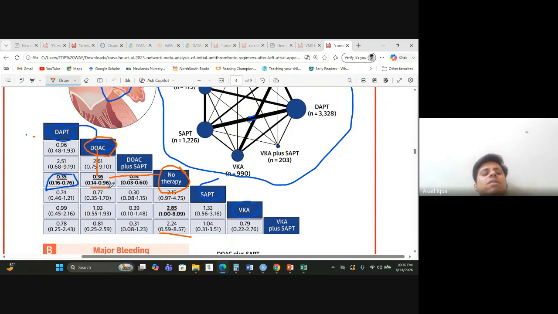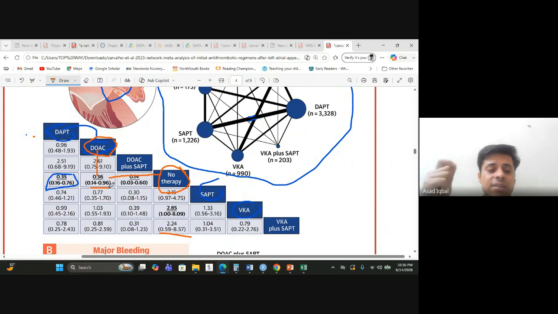That means it's statistically significant. But is it favoring DOAC or no therapy? The odds ratio of device-related thrombosis with DOAC is 0.36. What does this mean? It means reducing the odds of device-related thrombosis.